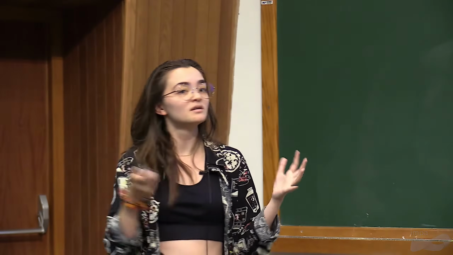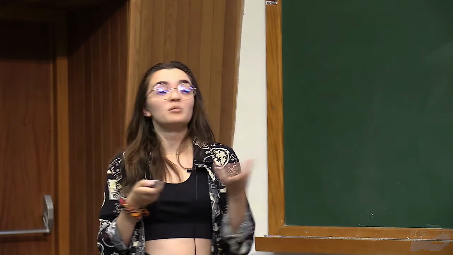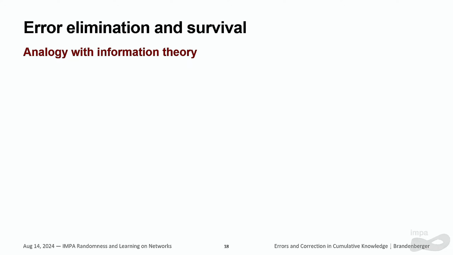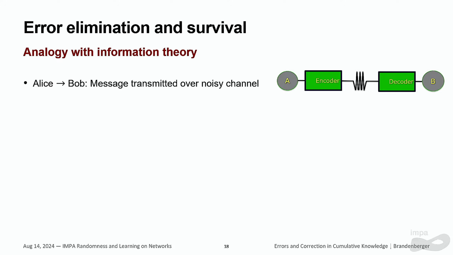Okay. So now I'll talk about the error elimination goal. So what do we want? We want some sort of error correcting style bound. To give you the style of the theorems we want to show, an analogy with information theory: in that setting, you're encoding some sort of message over a noisy channel.